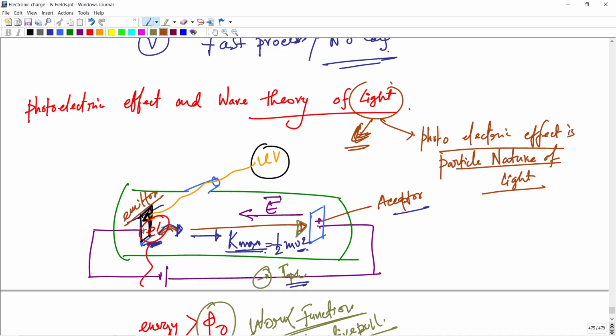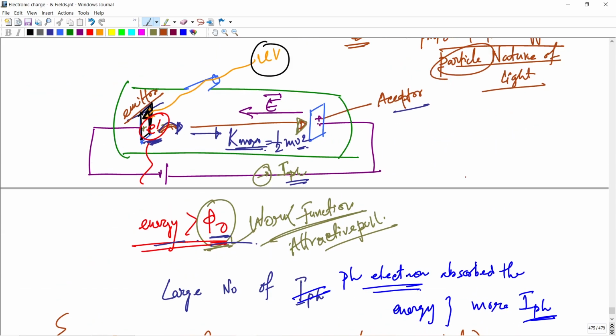If the electron is a particle, then the photoelectric effect is possible, otherwise not.